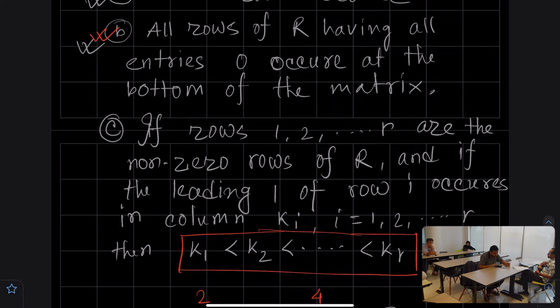The definition tells you that if there is a non-zero row, then the first non-zero entry has to be 1.